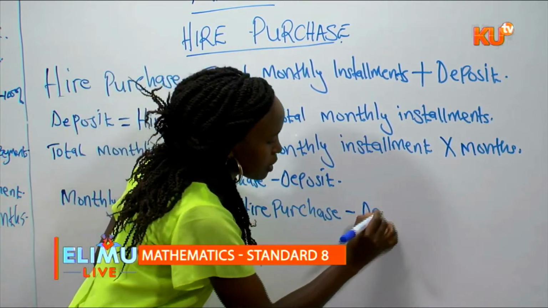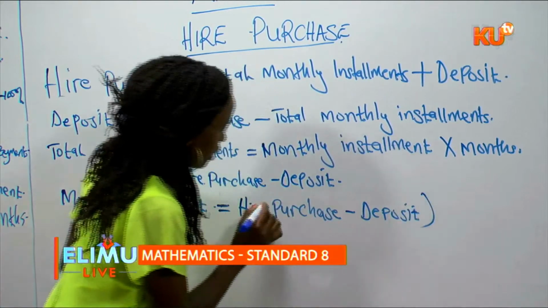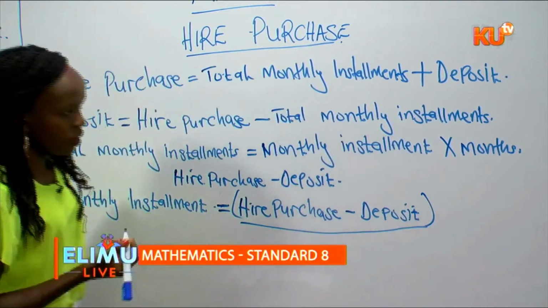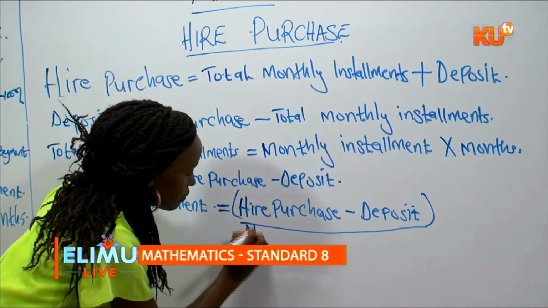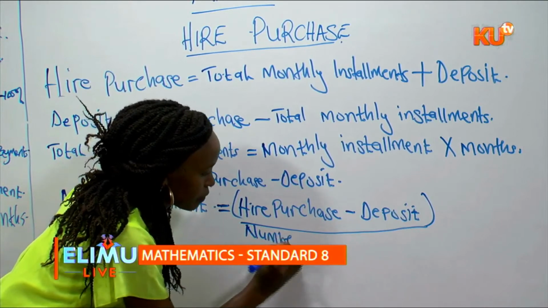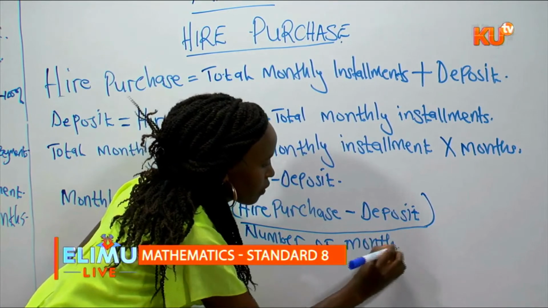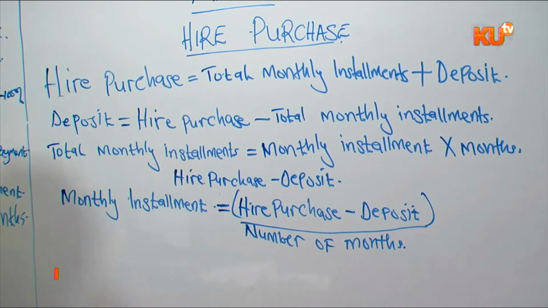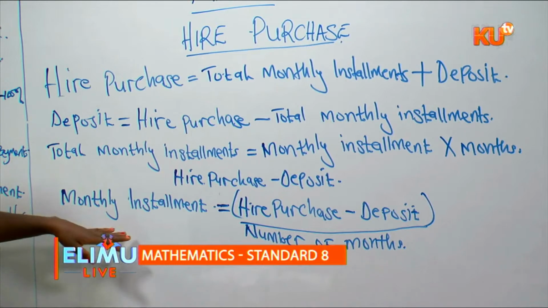The answer you get, you divide by the number of months. With that, you'll have gotten the monthly installment, or the amount that this person paid per month. So this is one way of getting the monthly installment.